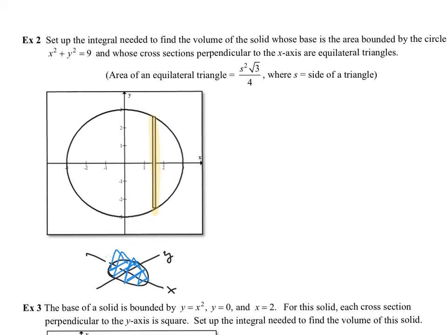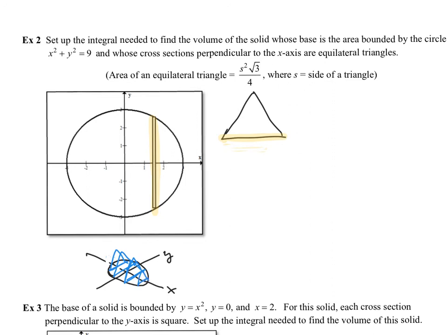So let me draw an equilateral triangle, and then I'm going to highlight its base in yellow. Okay, so this base, what you're looking at right here, is the base of one of these equilateral triangles.